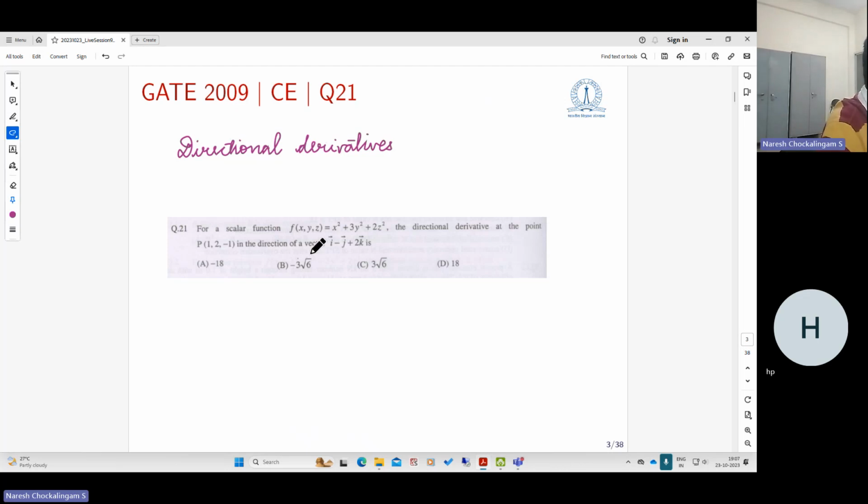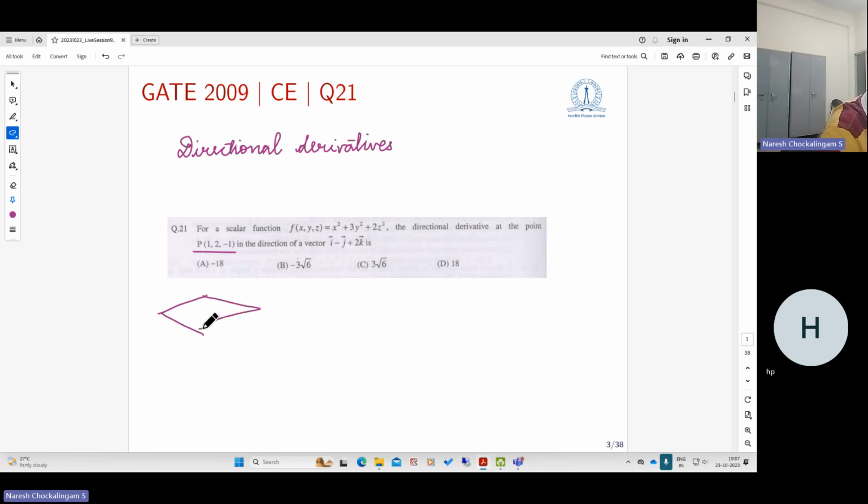We are given a function f of x comma y comma z, and we are asked to find the directional derivative of this function at the specified point P in the direction of a certain vector. Imagine this function to be some scalar field, like the temperature in a room. At a given point in the room, we're asked to find how fast the temperature field varies in a given direction.